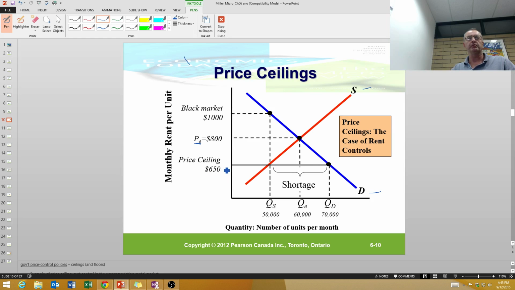So the government sets a price of only $650 a month rather than $800 a month. Here's the number of apartments that people want to rent per month. In Edmonton, they want to rent 70,000 apartments per month, but landlords are only willing to supply 50,000 at that price, and so the difference between those two is a shortage of 20,000.